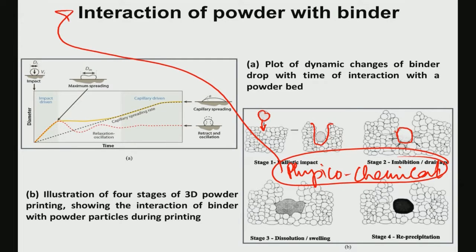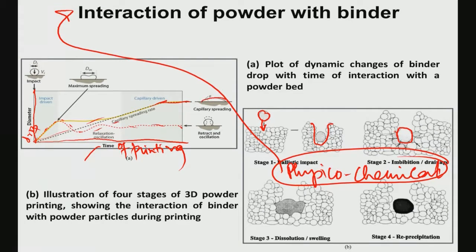Now, a little bit of qualitative description of that. If you have the binder droplet here, this is your time of printing along the x axis, and along the y axis is the binder drop diameter. If you plot it, you see this kind of different variation, and also there is a capillary spreading rate.